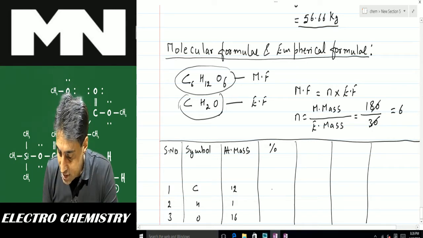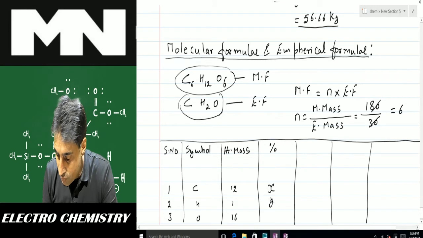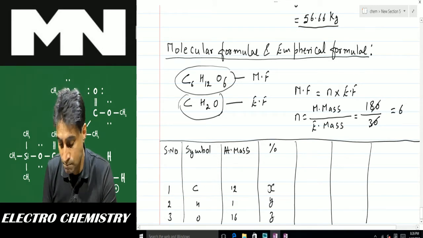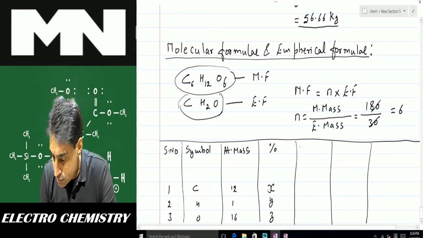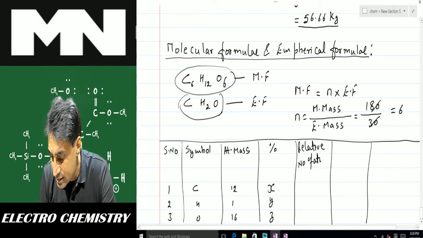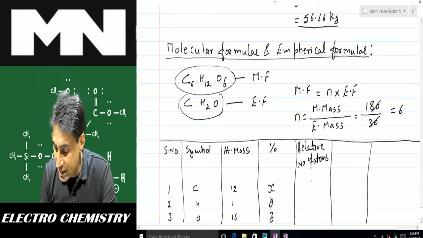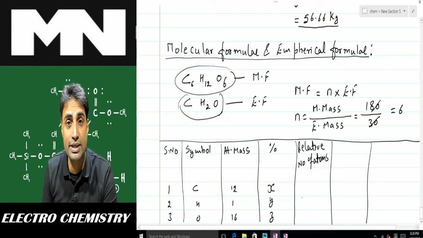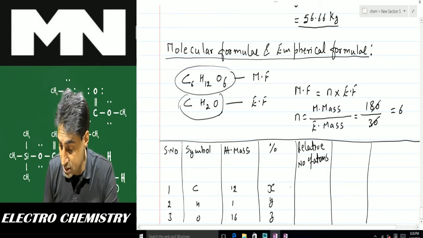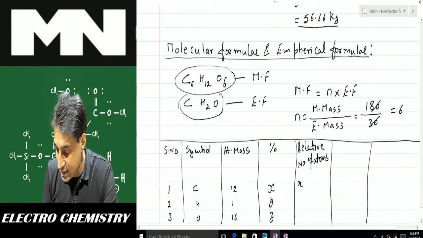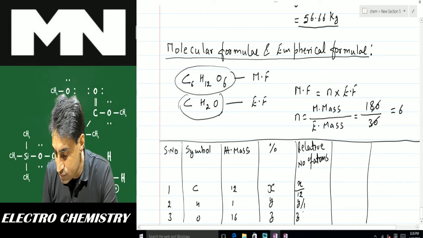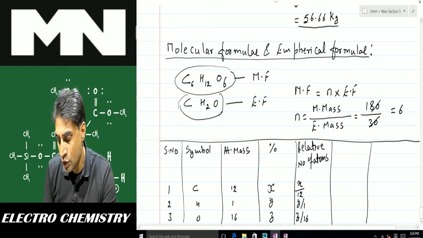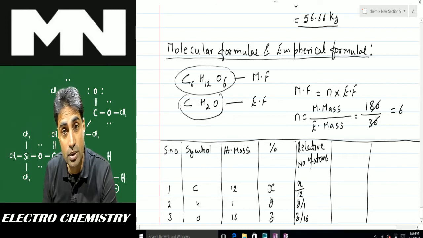So we can write percent here, that is X, Y and Z. After that we'll have the relative number of atoms. Relative number of atoms is always percent divided by the atomic mass. So here it is X by 12, here it is Y by 1 and here you have Z by 16.